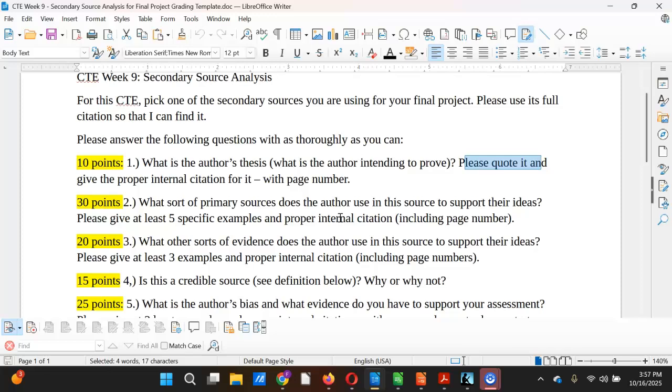Okay, for number 4, credible. Well, is this a credible source? See definition below. I wasn't joking around about this. Obviously, many of you did not look at that definition, because that definition doesn't just stop at the idea of whether this person is an expert in their field, whether it's published on an academic website, whether somebody's name is backing it up.